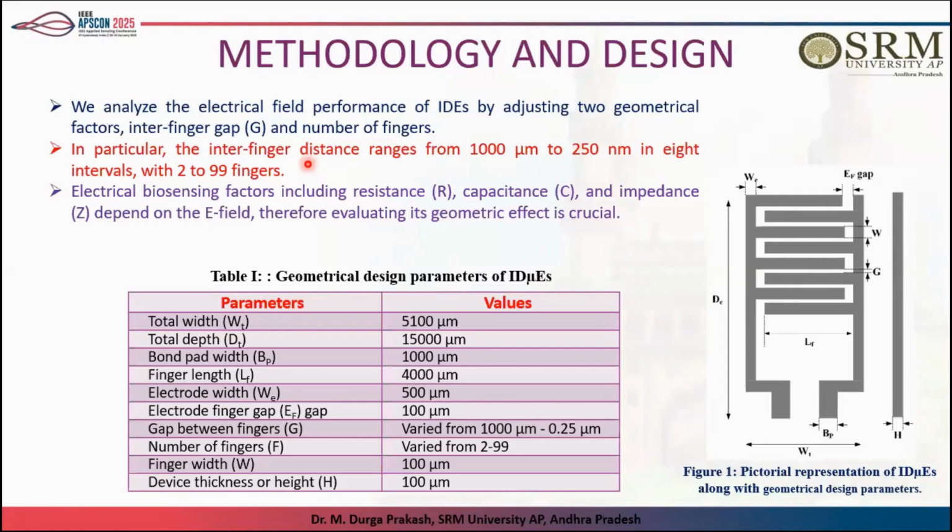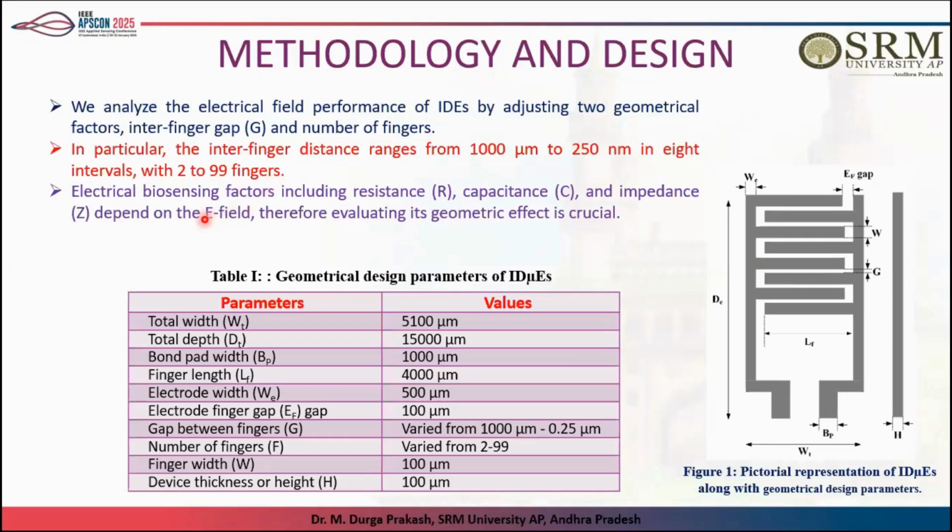These are the major design parameters for the IDE. The interfringe distance ranges from 1000 micrometers to 250 nanometers in 8 intervals, with 2 to 9 fringes considered in this design.